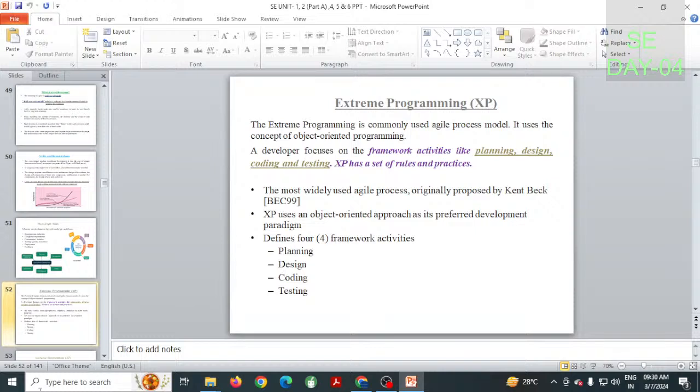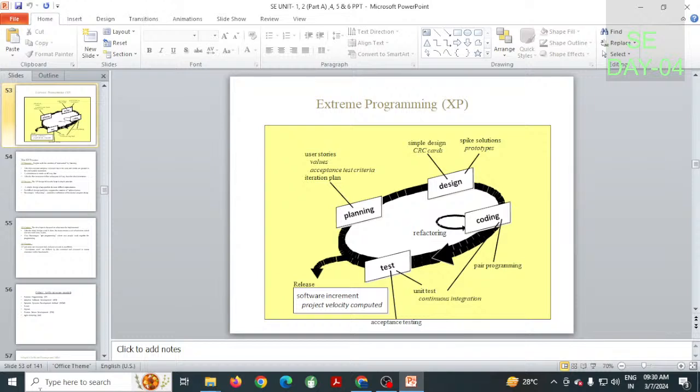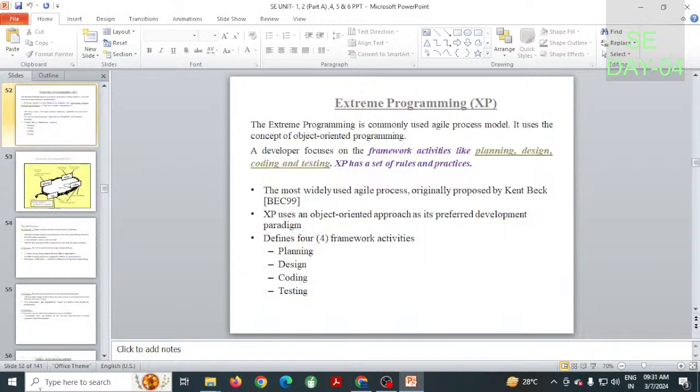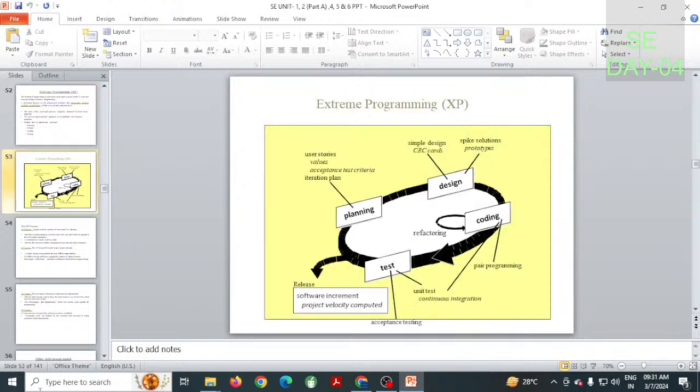In extreme programming, we have four different kinds of framework activities: planning, design, coding, and testing. Now, look at that picture representing extreme programming, showing how the different framework activities are formed.